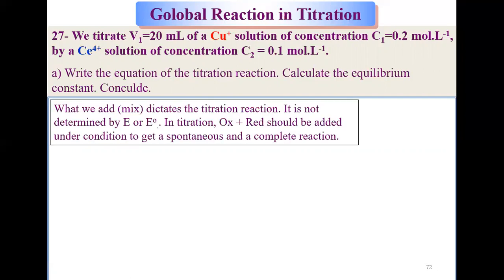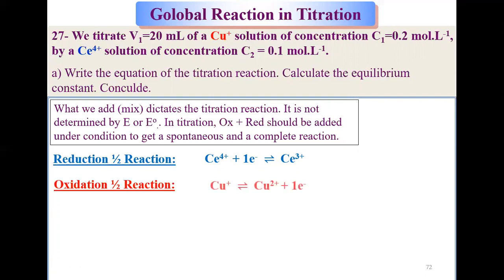First, we're going to write the titration reaction, and if we automatically know the reactants, which is selenium 4+ reacting with copper plus, that means automatically the reaction is dictated to us by what is given in the titration. So we have to have on the reactant side selenium 4+ and copper plus.